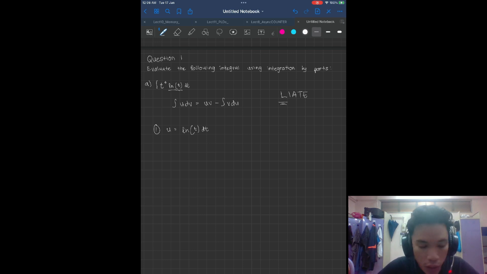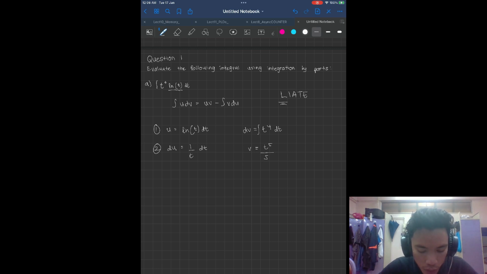So the rest is the dv, which is t^4 dt. For the second step, we have to differentiate u, which is going to be 1 over t dt, and then we integrate dv, becoming t to the power of 5 over 5.